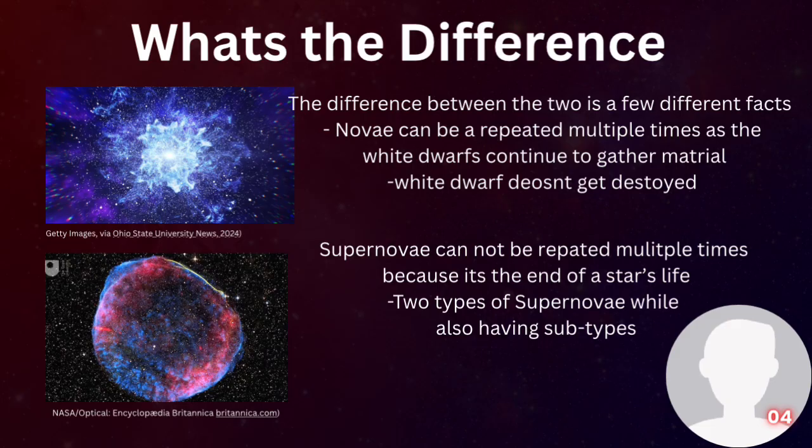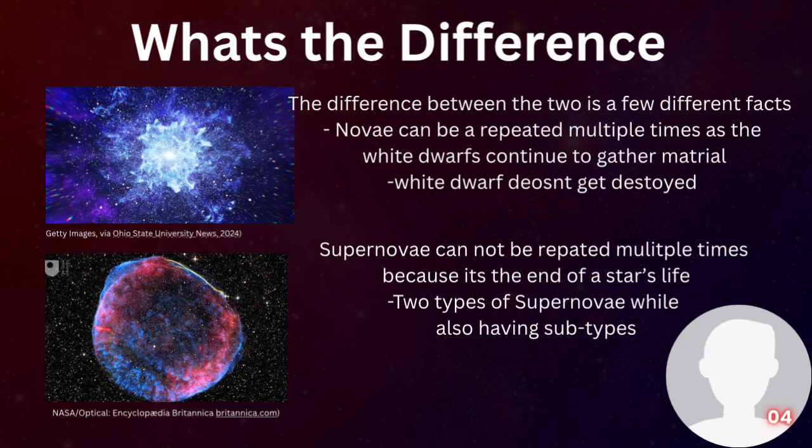But pretty much a nova is when a white dwarf and its companion star collide, and it's something that can happen multiple times, and typically the white dwarf doesn't get destroyed. Rather, when a supernova occurs, it cannot be repeated multiple times, and that was the main difference that I took from my research.